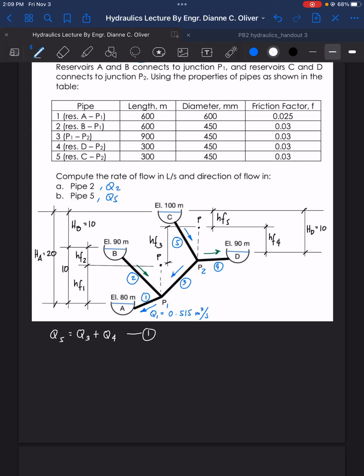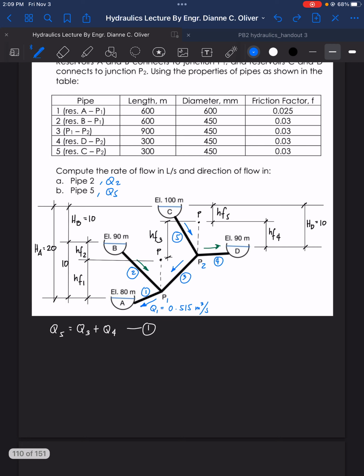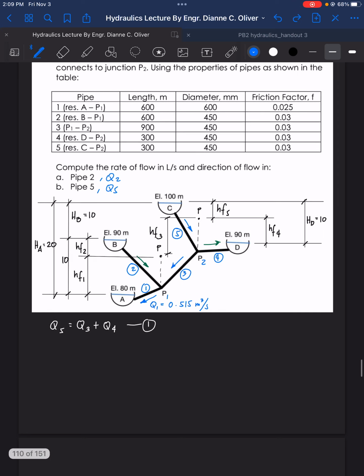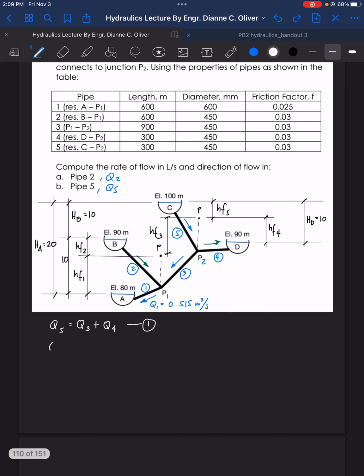Next, our Q1 is Q2 plus Q3. So Q2 and Q3 will combine to form Q1, and Q1 is 0.515. So Q2 plus Q3 equals 0.515. Equation 2.